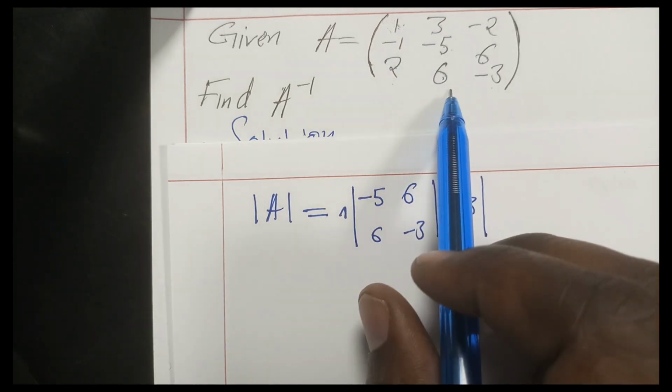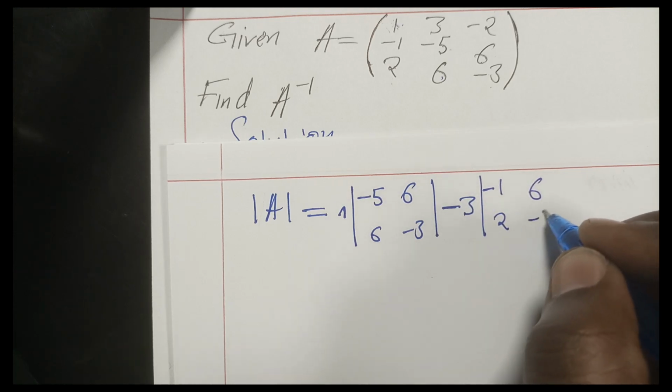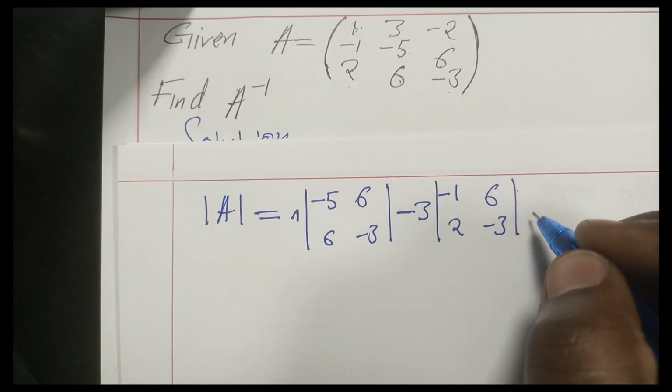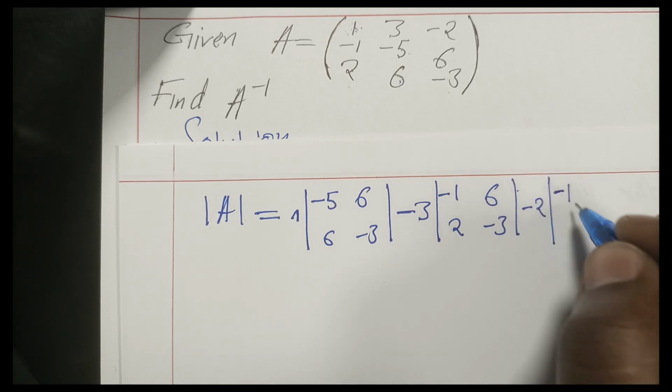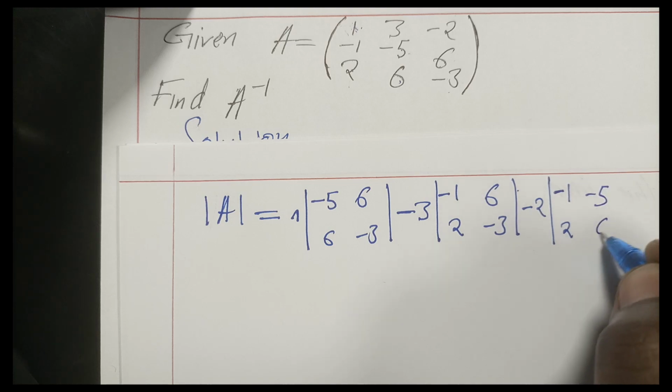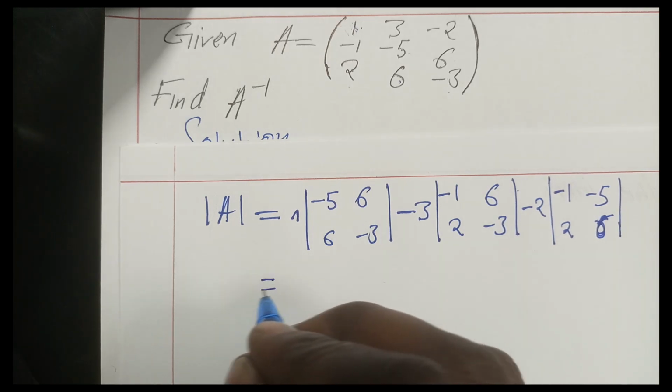Delete this row and this column, you get minus 1, 2, 6 minus 3. You have that minus 2, minus 1, 2, minus 5, 6. Then you simply simplify.